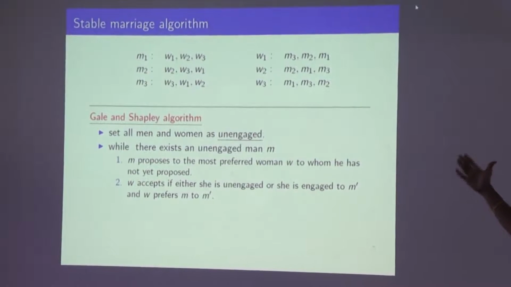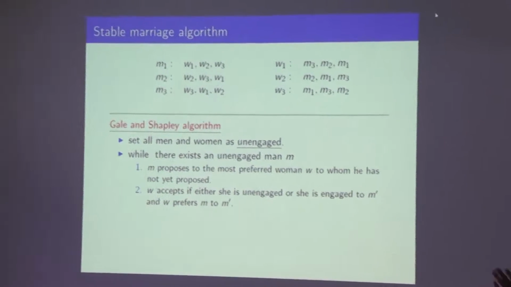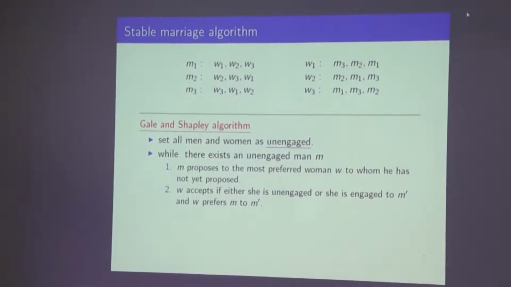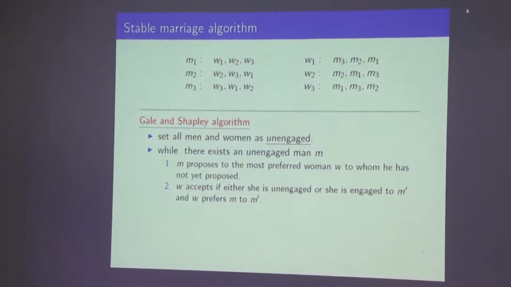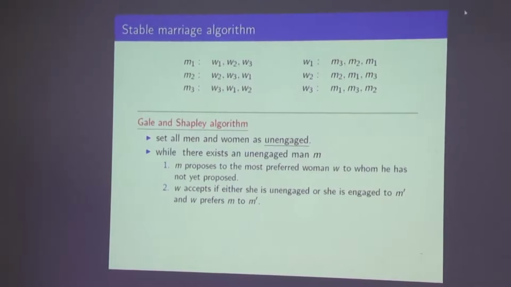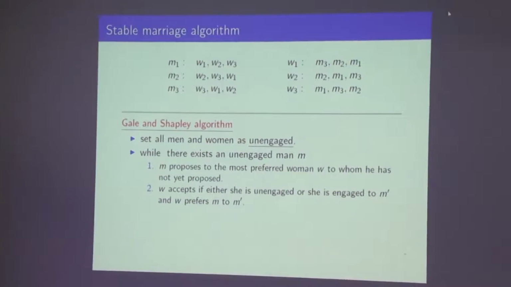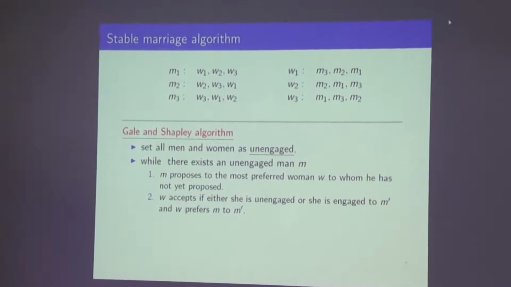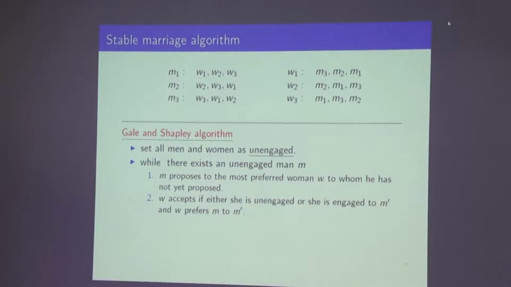Let's say that we begin with all the people in our setup as unmatched, or not engaged to anybody. This is called the proposal algorithm, or the deferred acceptance algorithm. On the men's side, what does every man do? He goes and proposes to the most preferred woman he has not yet proposed to.